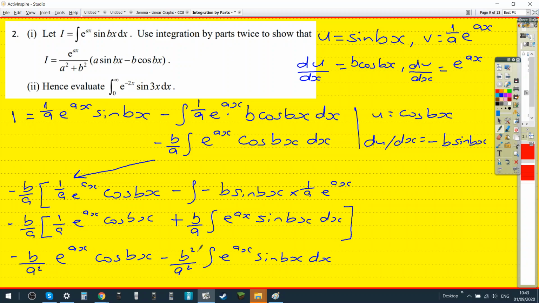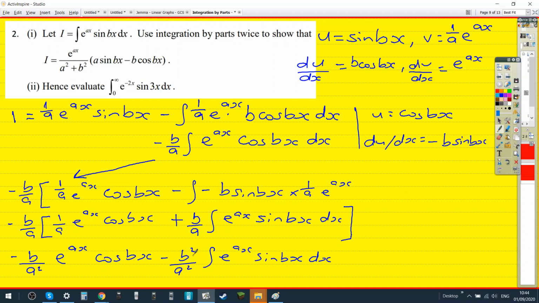So we could combine these two, but let's see. I think maybe I'm wrong. But how are you meant to do it? Because the e to the ax sine bx is still in the integral.